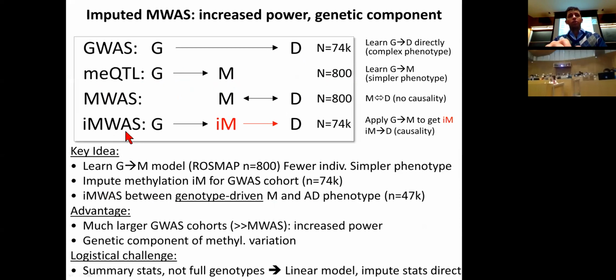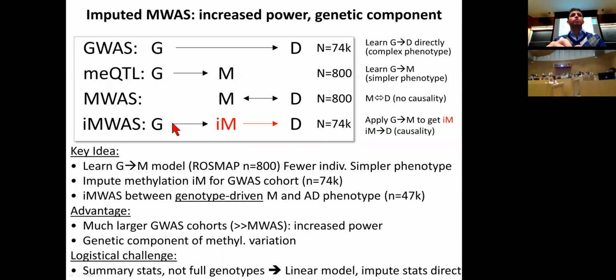Now, an IMWAS, or an imputed methylome-wide association study, basically looks at how genetics predicts methylation, uses the predicted methylation value, and then associates that imputed methylation value with disease. That can be applied to many, many more individuals because all these individuals are able to share their genotype.